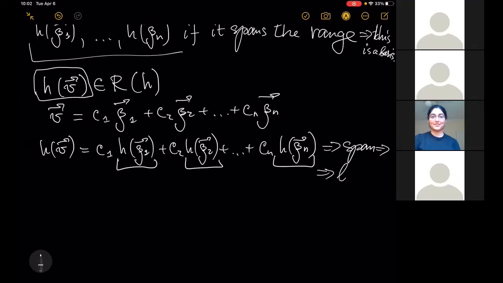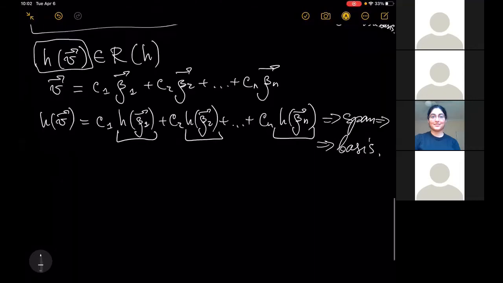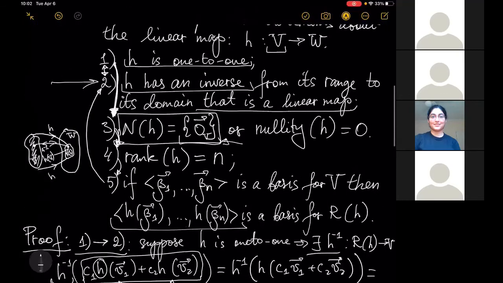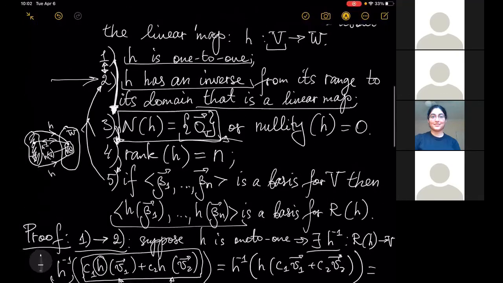And correspondingly, they form a basis. And finally, we need to go from 5 to 2, as I said. So here it is, from 5 to 2.